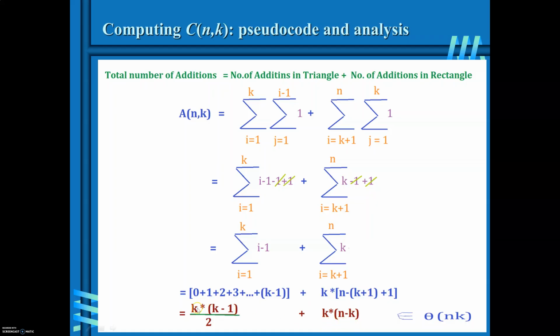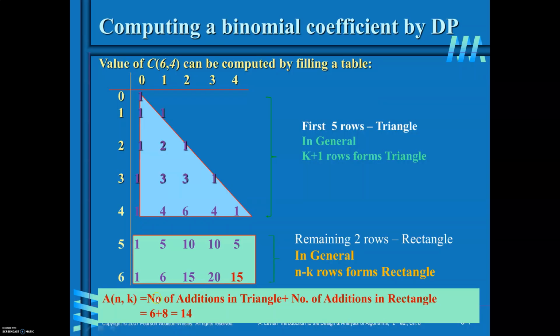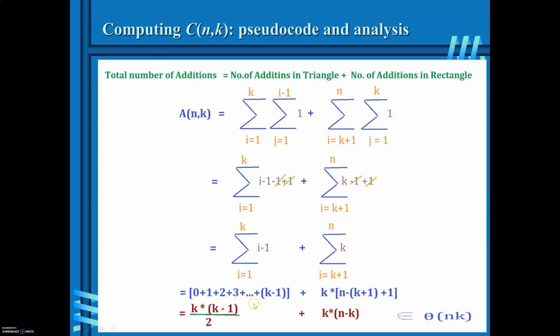So look at here, this is the total number of additions being performed in order to find out C(n, k). We will see in the previous example whether we are getting the same thing or not. Here the number of additions in the triangle is 6 and the number of additions in the rectangle is 8. What is the n value here? n value is 6 and k value is 4.